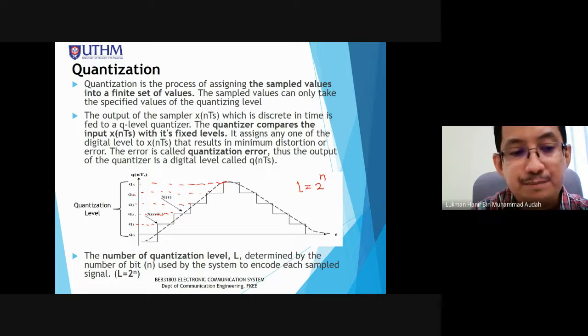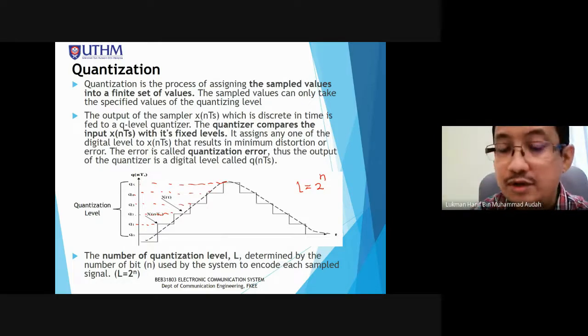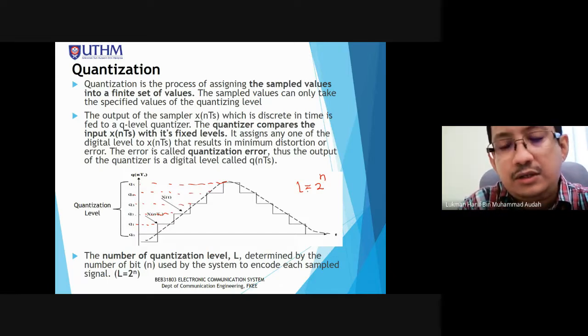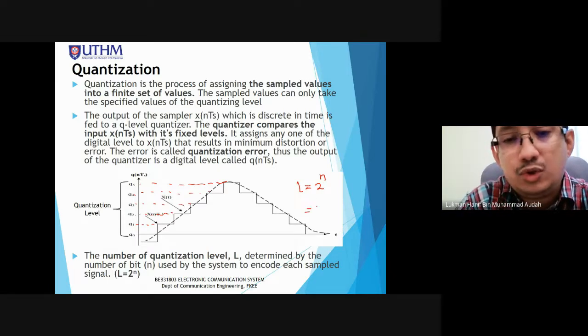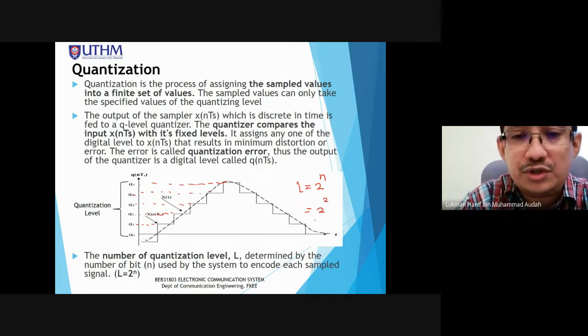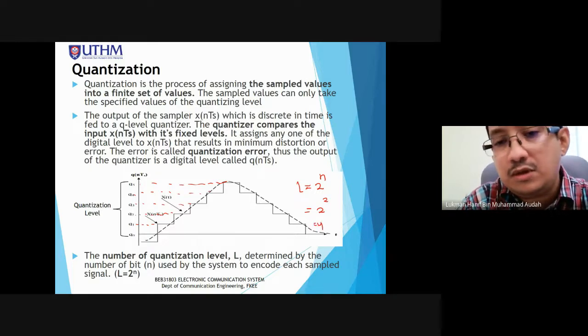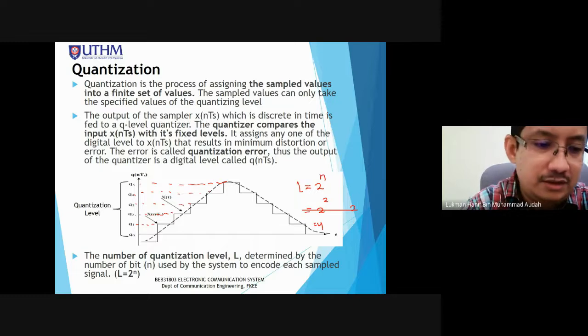N is the number of bit used to encode the sample. Berapa banyak bit yang digunakan untuk encode the sample? Contoh, kalau kita gunakan 2 bit, okay, 2 bit, that means I'm gonna have 2 power of 2, which is equal to 4. And if I use 3 bit, for example, kalau saya gunakan 3 bit, bermakna 2 kuasa 3.